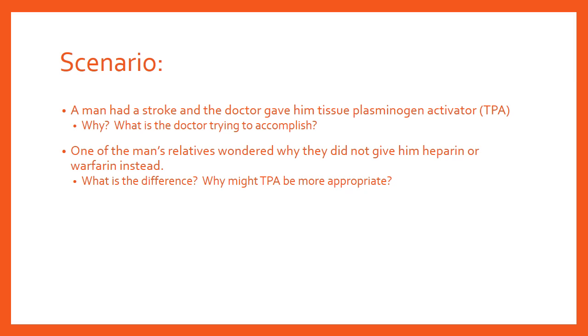Let's look at this scenario. You are taking care of a patient who had a stroke and the physician prescribed tissue plasminogen activator. At this point, one of the patient's relatives asks why they didn't give him heparin or warfarin instead.